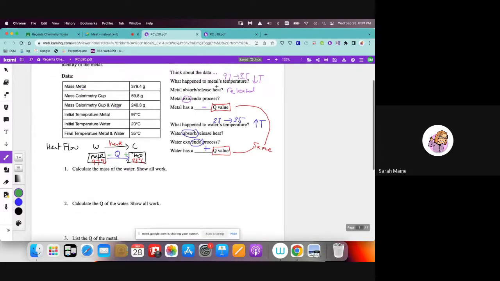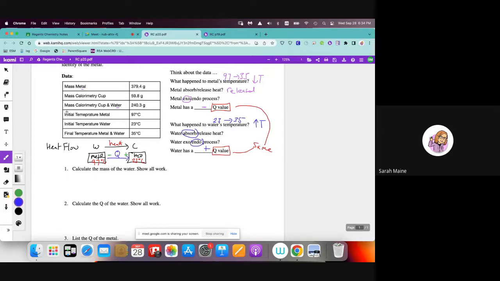Okay, so now we have this lab data and we have some calculations to make for it. The first thing that we are asked to do is to calculate the mass of the water. When you look up here in the data table, there is not a line of data that specifically says mass of water. Here's the mass of the metal, so that number only belongs to the metal.